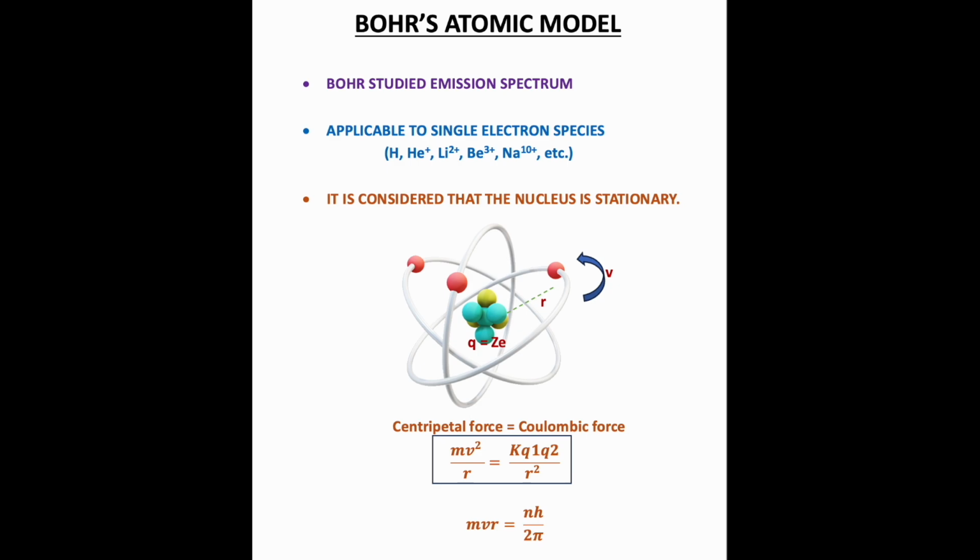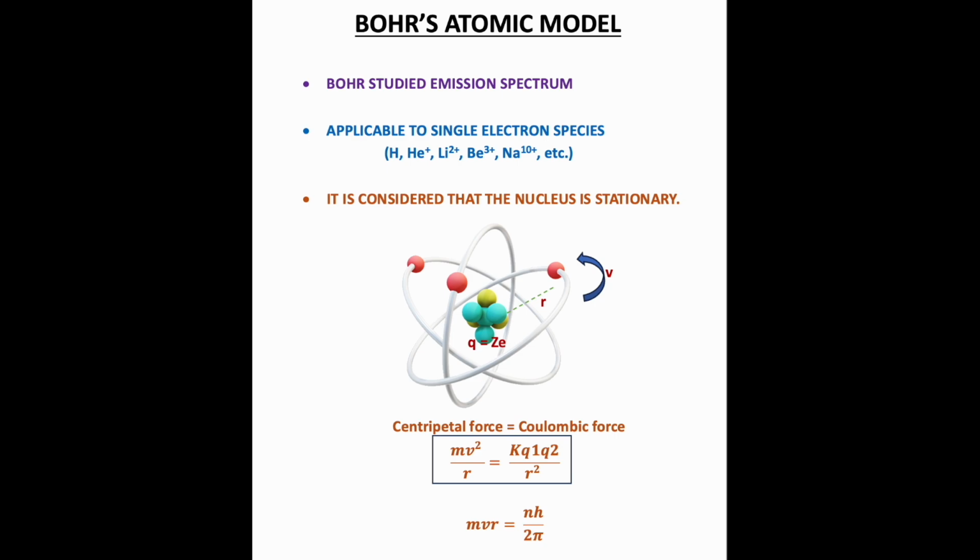Considering this model, applying a bit of physics: when the electron is in continuous circular motion, the centripetal force is balanced by the Coulombic force due to the protons in the nucleus.